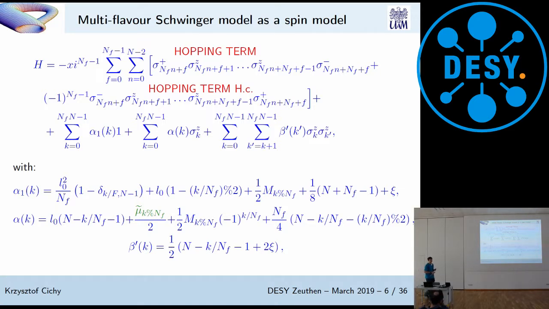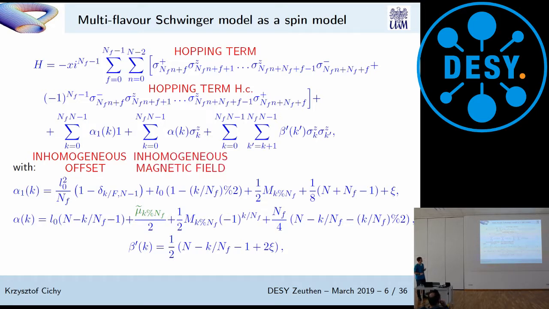So the flavors hop only on the sides of this flavor, and between them you have a string of sigma z's. Then there is an inhomogeneous offset, side-dependent, and also an inhomogeneous magnetic field, side-dependent. And finally, there is this sigma z interaction on arbitrary distances, and this is the gauge term.